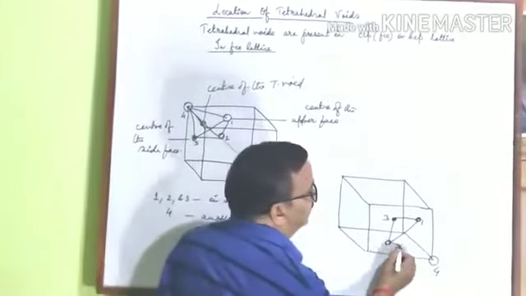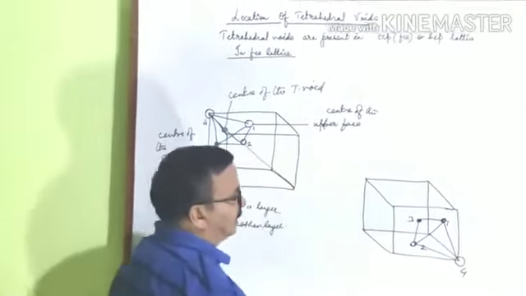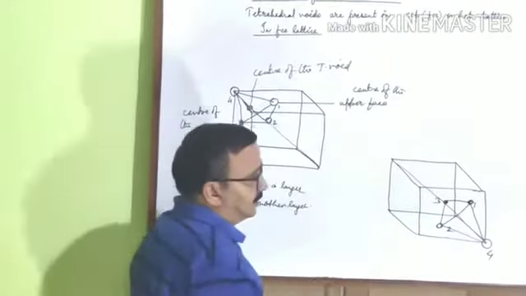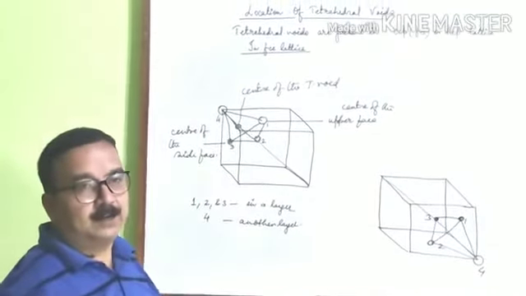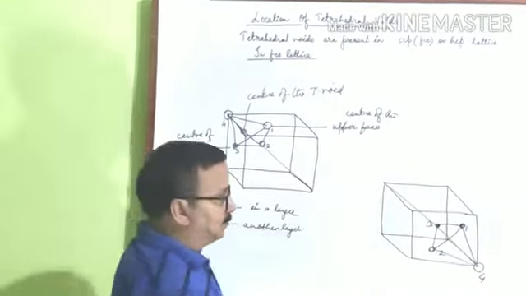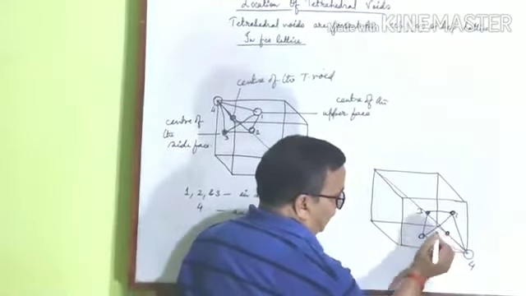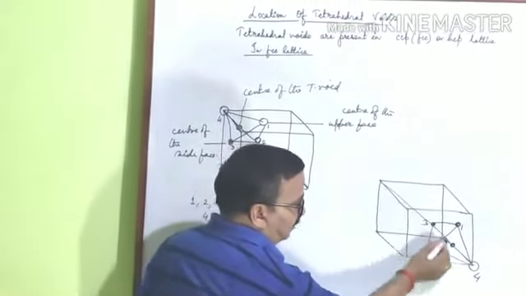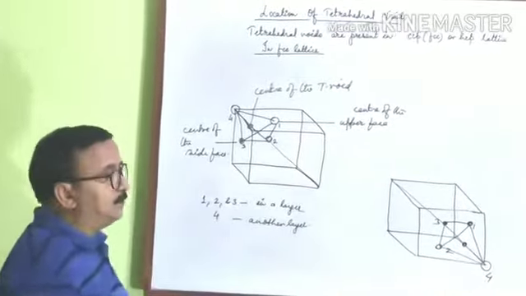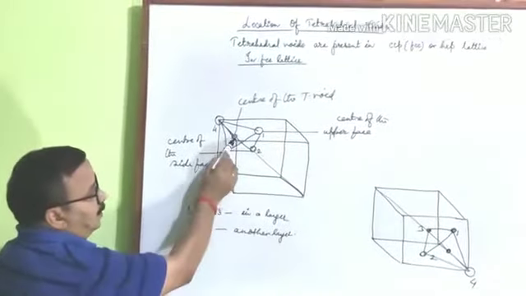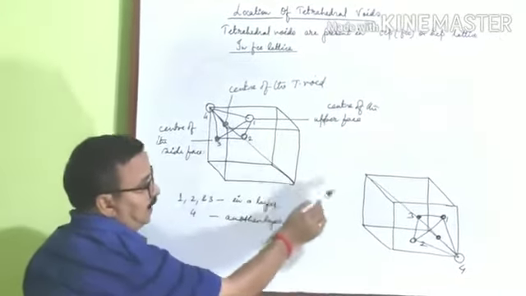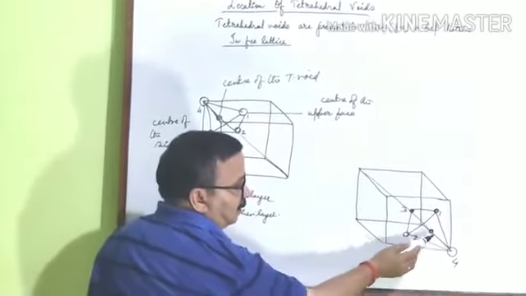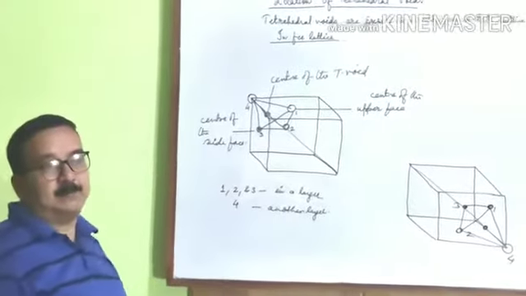If we connect these spheres, we find that a tetrahedral structure is formed, and the center of this tetrahedral void again lies at the center of this tetrahedron. Now the center of this tetrahedral void is at the body diagonal. So we can observe here that at the body diagonal one tetrahedral void is formed, and at the same time another tetrahedral void is formed here, the center of which is also present at the body diagonal.